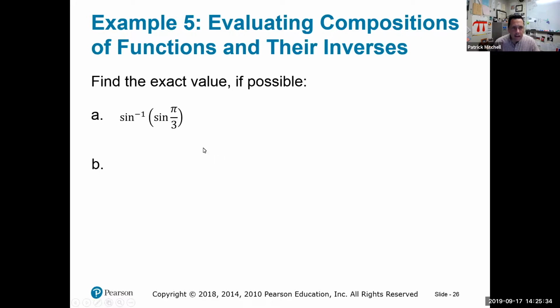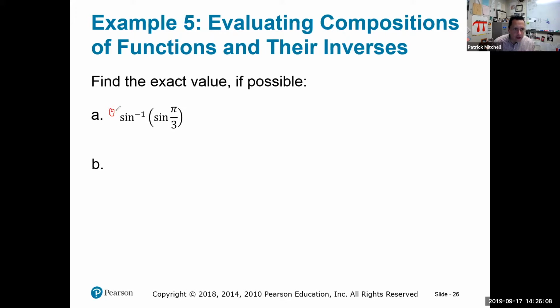Thinking back to the last slide that we looked at in the last part of section 4.7, it talked about how using the inverse properties of the trig functions, you have to be a little bit careful with domain issues. So when you see something like the inverse sine of the sine of pi over 3, what you're asking yourself is, what is an angle? Because remember, an inverse trig function is an angle.